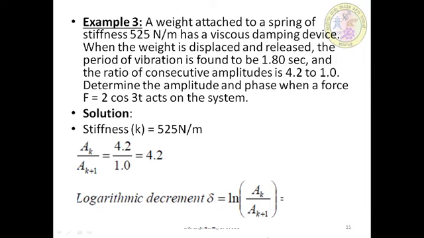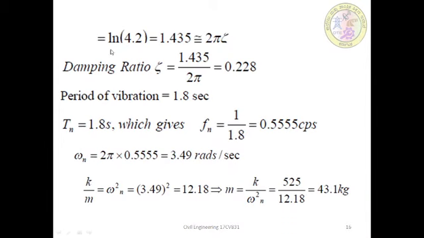Substituting, delta is equal to 1.435, which is approximately 2 pi zeta, where zeta is the damping ratio. So 1.45 divided by 2 pi gives a damping ratio of 0.228.